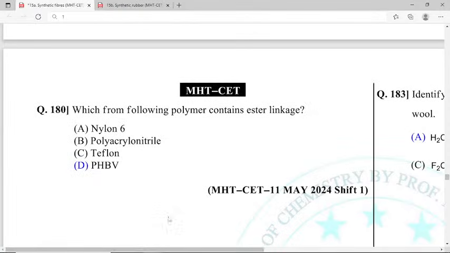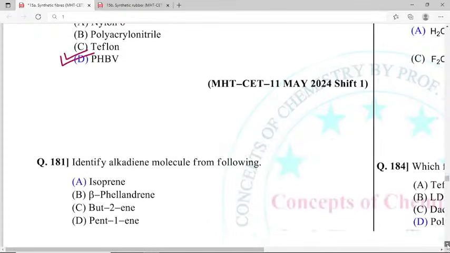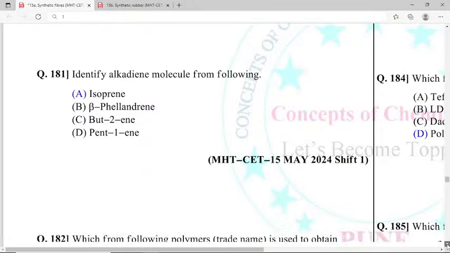Which from the following polymers contains an ester linkage? So the ester linkage is present in PHBV, polyhydroxybutyrate valerate, PHBV, ester linkage.